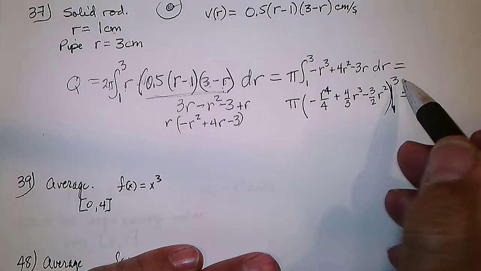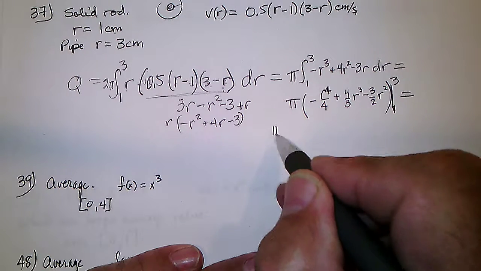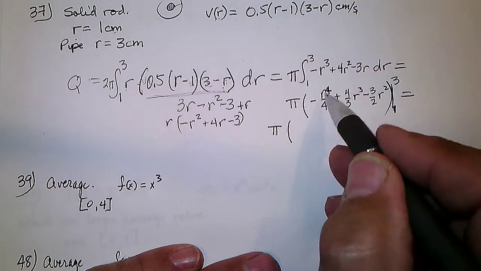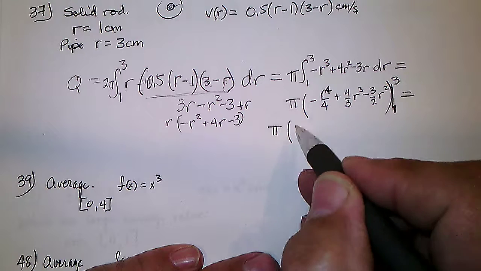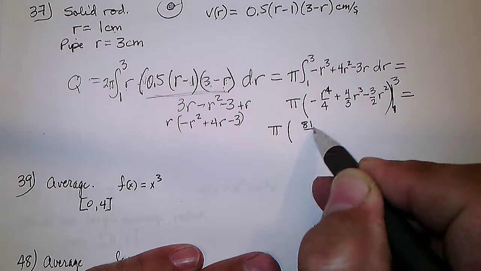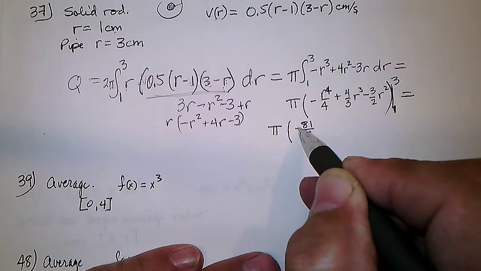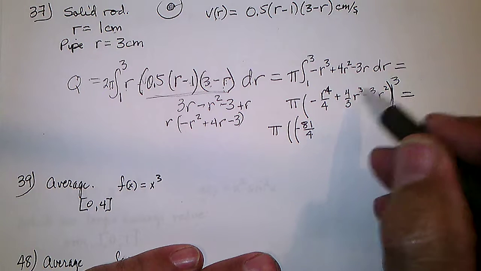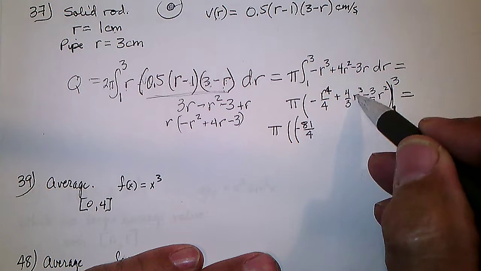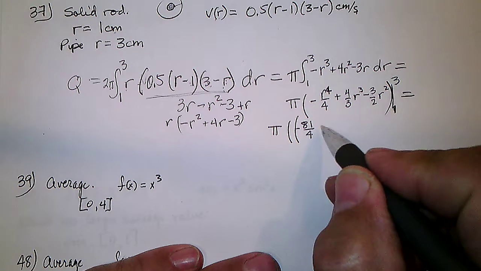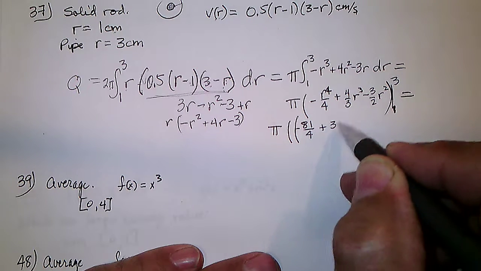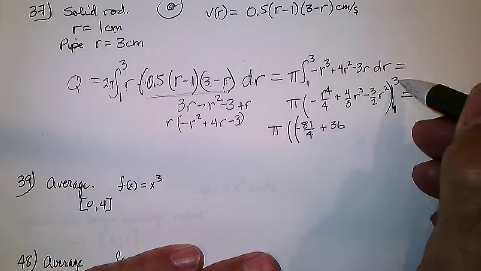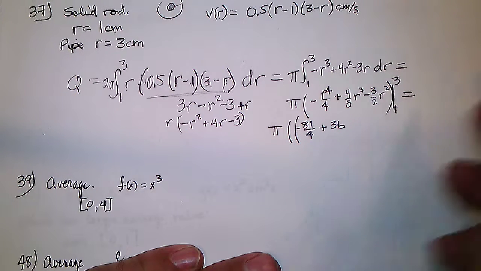So we put in the 3 and we get pi. 3 to the fourth is 81 fourths. 3 to the third, one of the 3's cancel, so it's just 9 times 4, plus 36. 9, 27 halves.